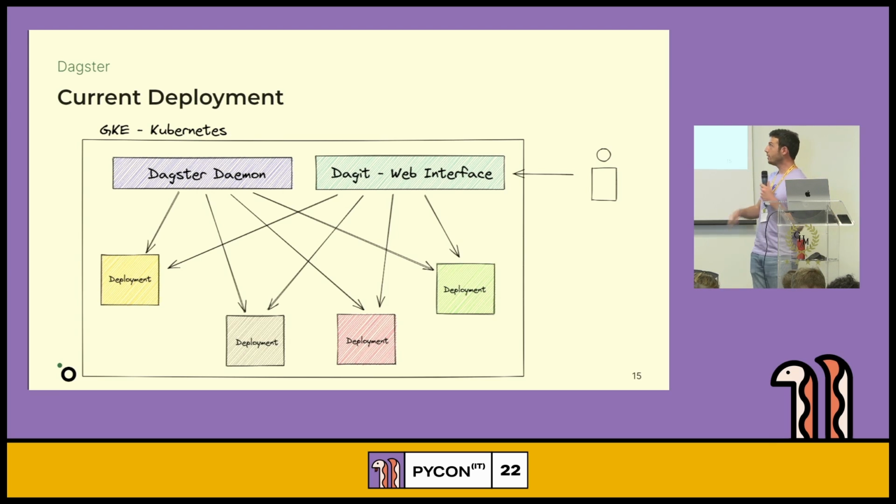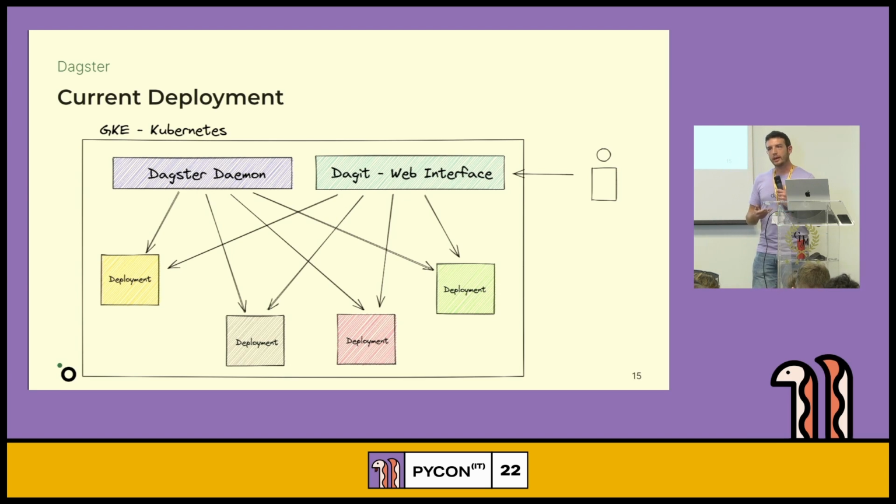And then you can see down here we have 4 different deployments. What is a Dagster deployment? A Dagster deployment is nothing more than a project like Lorenzo just described. It's a Python project that has Dagster inside, and what this does is expose a gRPC API to the Dagster daemon and to the Dagit web interface.